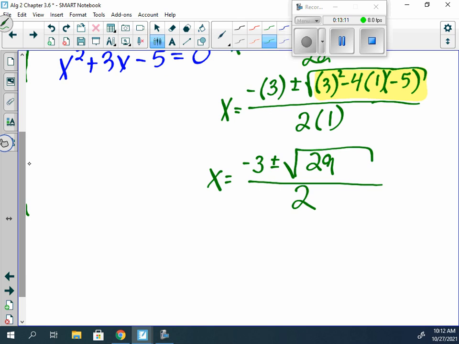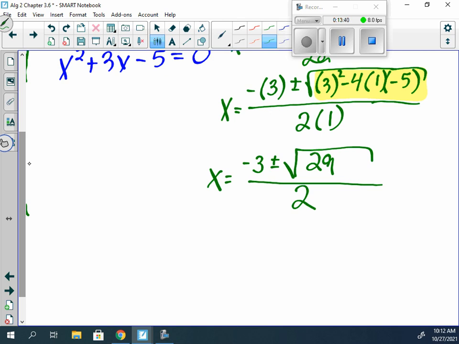And there's also a chance, because if we take the square root of 29 in the graphing calculator, it will give us a decimal, because there is no square root of 29 as a whole number. Because if we're not looking for approximations, we want the exact answer, we want to leave it in radical form.